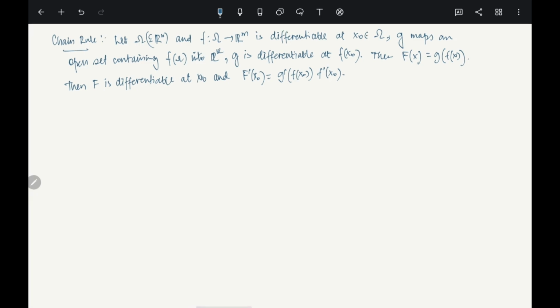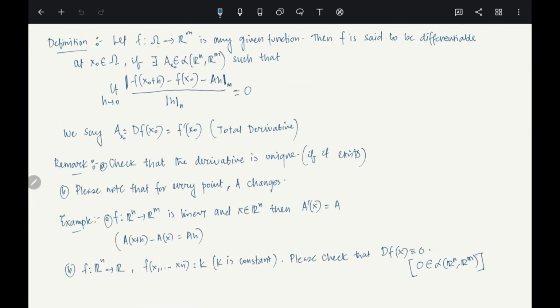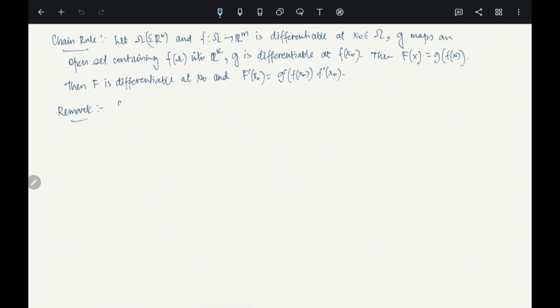Another small remark before I move on to the other important parts, which I forgot to put here. If f from Omega to Rm is differentiable at the point x0, then you have df at x0, which is a linear map from Rn to Rm.